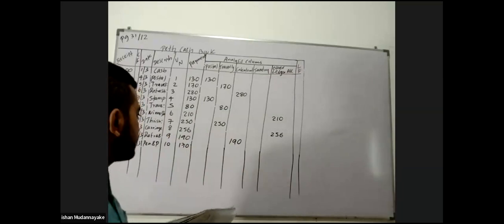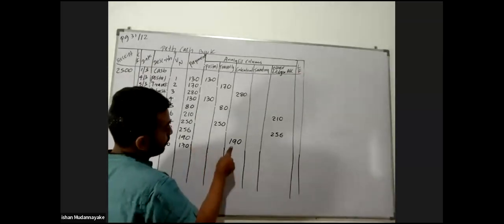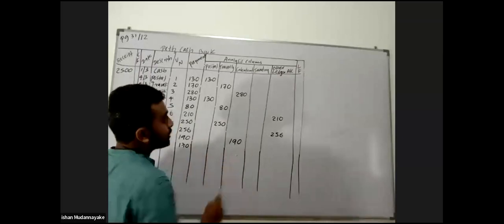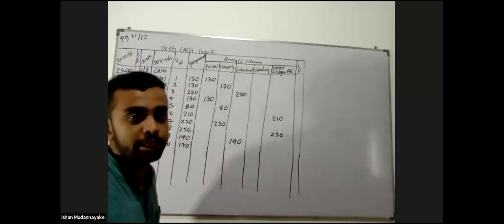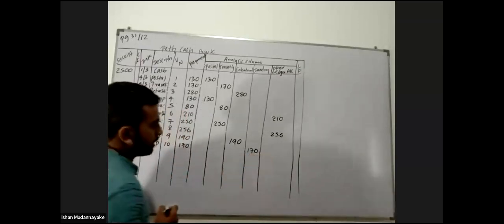Normally, pen and pencils we would record under stationery expenses, but here there is no stationery column. Therefore, pen and pencil purchases we can record under sundry expenses, miscellaneous expenses. Under miscellaneous expenses, write down pen and pencil 170.